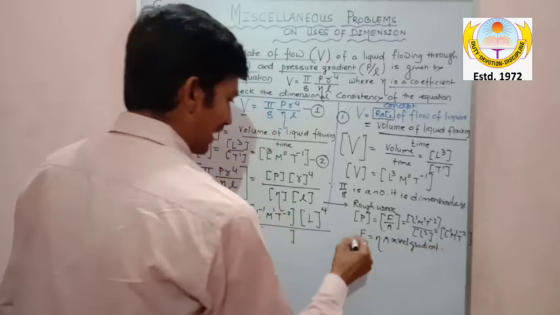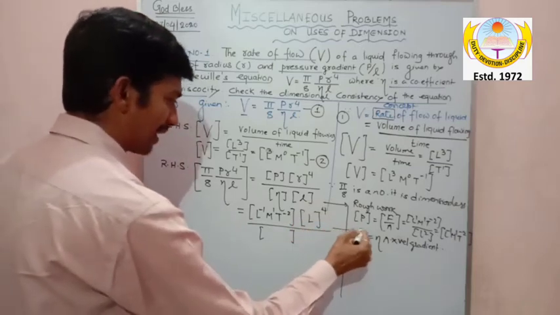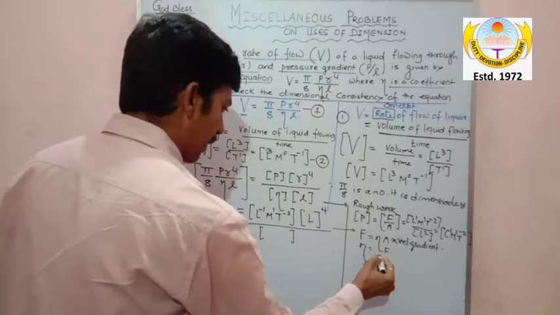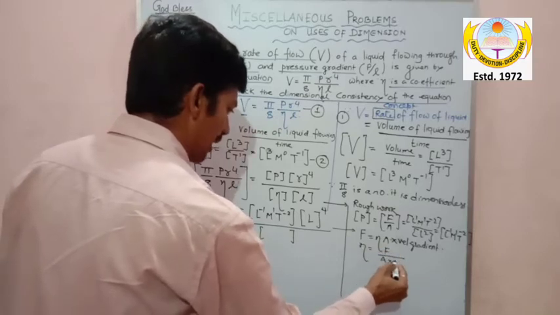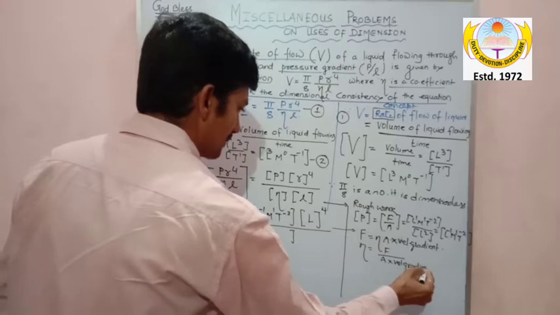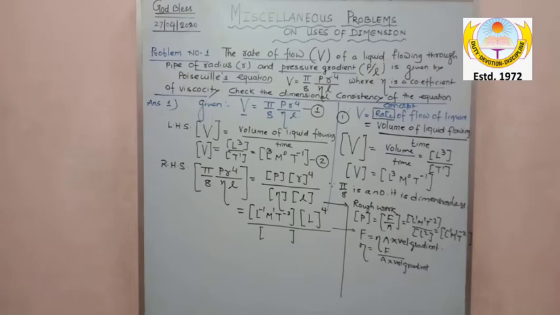I am doing this again and again so that you get things together in the rough work. So eta is equal to F upon A into the velocity gradient.